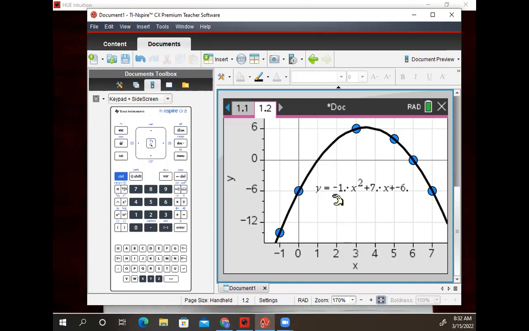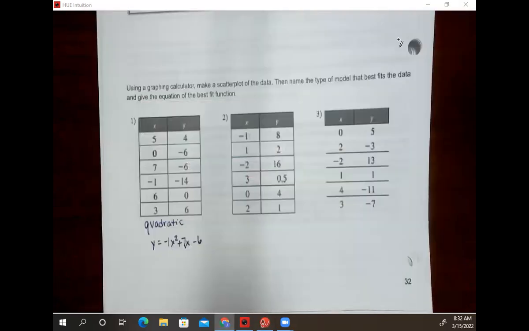Be careful with your signs there. So -1x squared, if you just wrote that as -x squared, that's fine. And then here at the end, plus -6, I just wrote -6. So be careful with your signs there. So here is my model, my best fit model for my first set of data.